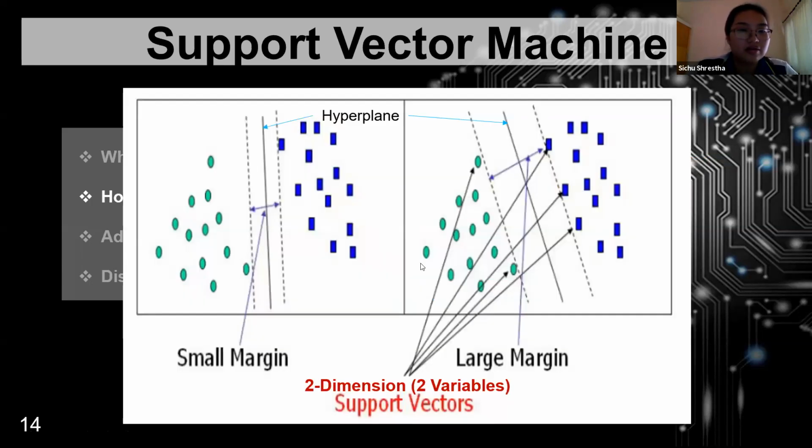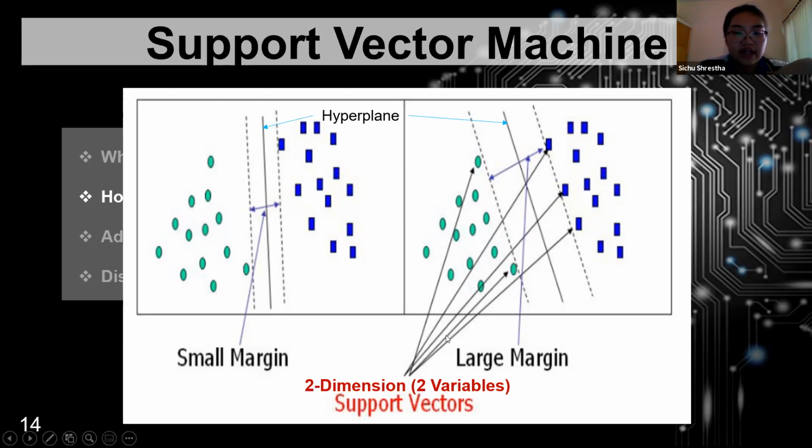So this is two dimensions. Now there are class 1 and class 2, and this is the hyperplane. The hyperplane is calculated from the nearest vectors, called support vectors, this one and this one. So we can calculate the hyperplane. And how do we know which hyperplane is best?